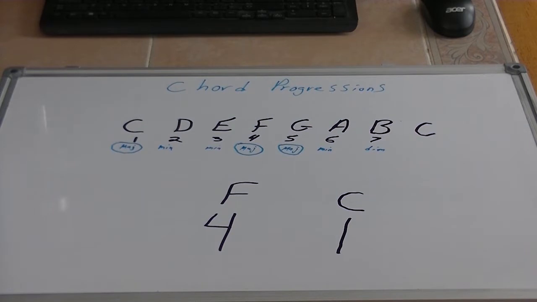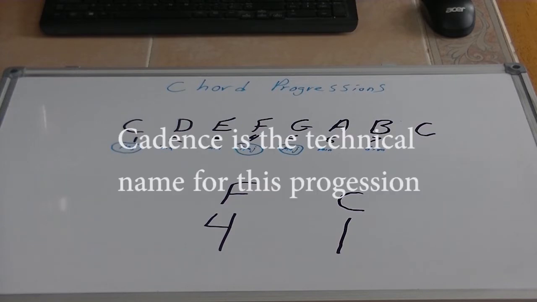The chord progression starts with the F major chord, and then we have the C major chord. Now, this cadence is often referred to as the Amen cadence.